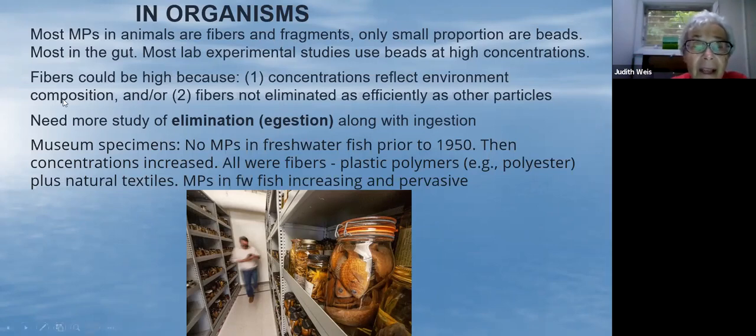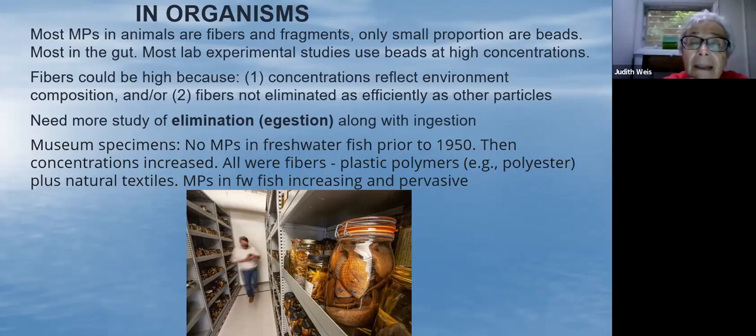Another interesting study looked at history, using museum specimens. There's a collection of freshwater fish that dated back to the 1950s. Recently people looked in the guts of these ancient preserved fish, and found there were no microplastics in these freshwater fish before 1950.